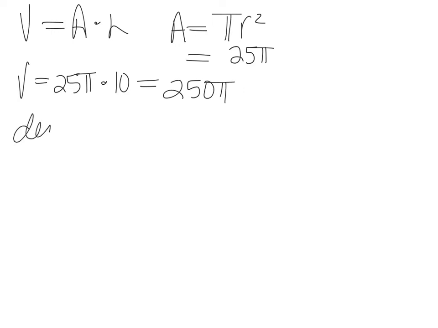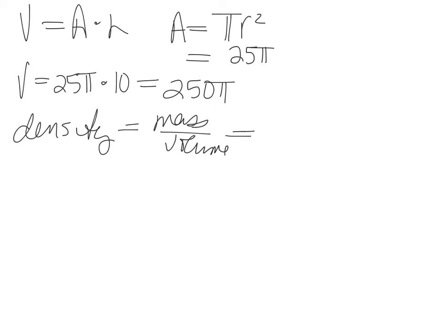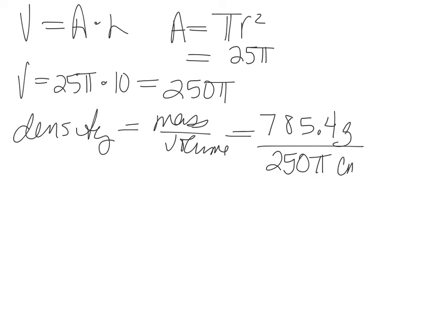Density equals mass over volume. The mass from the previous slide was, it's still in my calculator, 785.4 grams over volume, 250 pi. What were we measuring that in? Centimeters cubed.